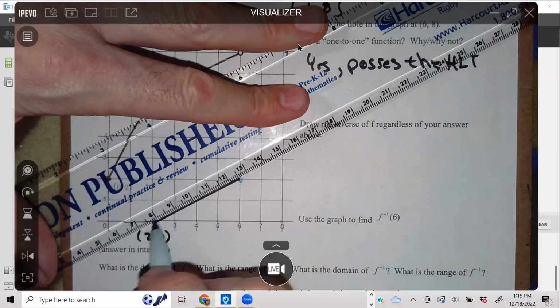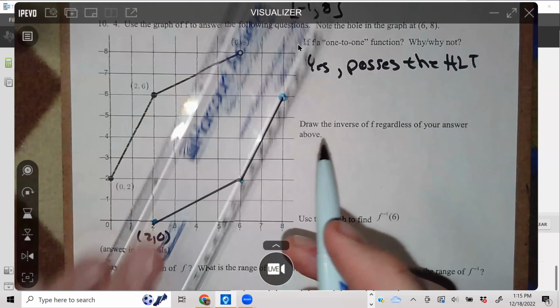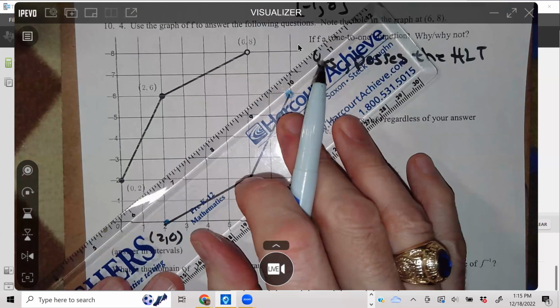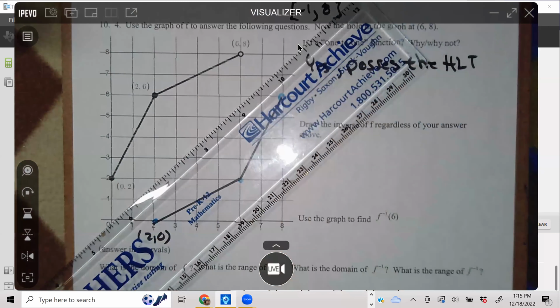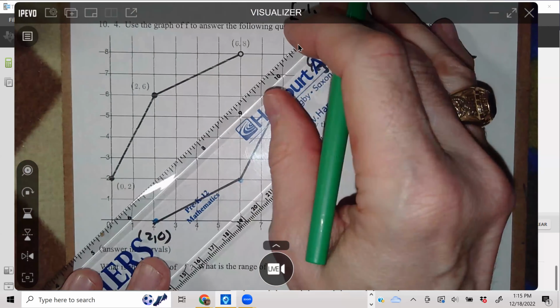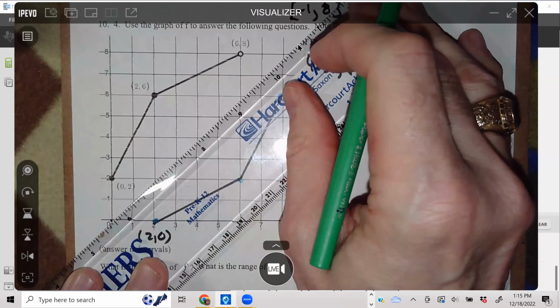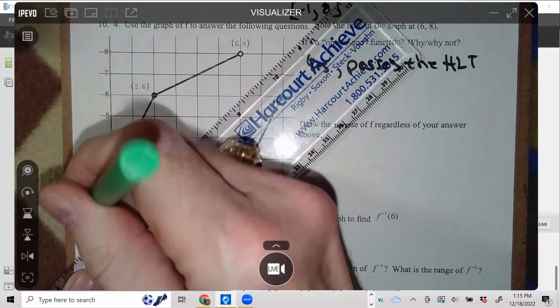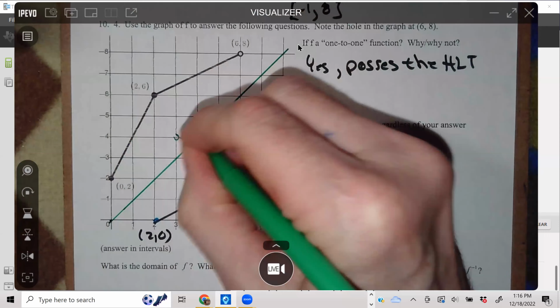You should get something that's the mirror image of your function around the line y equals x. So if I draw that line here in the center, y equals x, you should see that one of these graphs is just the reflection of the other one. There we go. Y equals x. Beautiful.